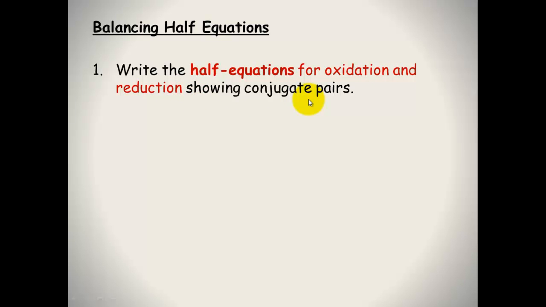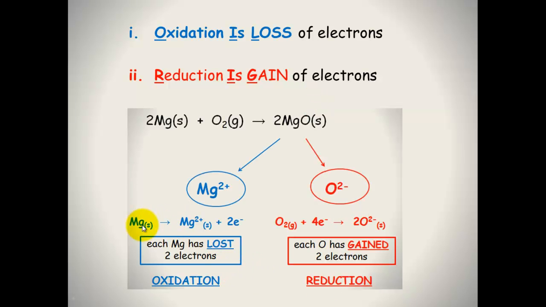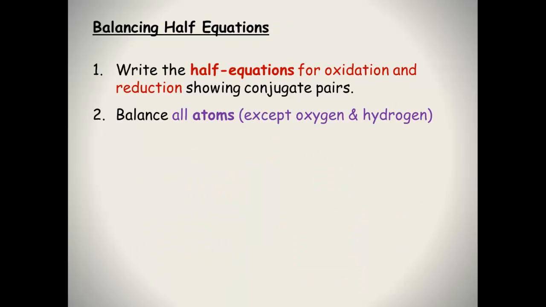And by conjugate pairs, when I'm talking back here about the magnesium, the conjugate pair is the magnesium going to magnesium ion, oxygen going to oxide ions. The second step involves balancing all of the atoms except for oxygen and hydrogen. We'll be balancing those in the next 2 steps.